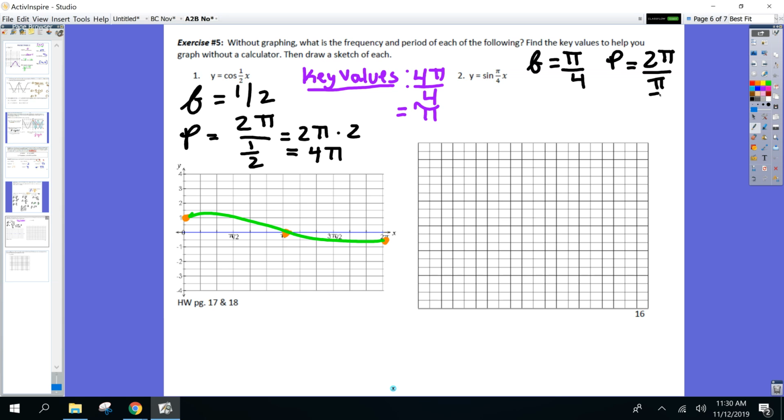You want to help me clean this up here, Casey? Yep, keep the 2 pi and multiply it by what? Got it? Uh-oh, what cancels here? Pi's are gone. So what ends up being the period here, Casey? 8, yep, 8 units. So every 8 units, I'm going to have a key value.